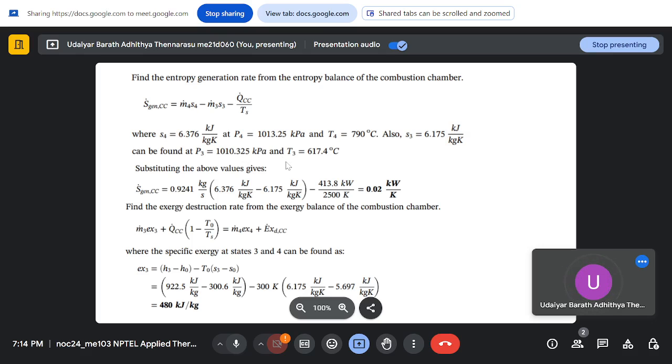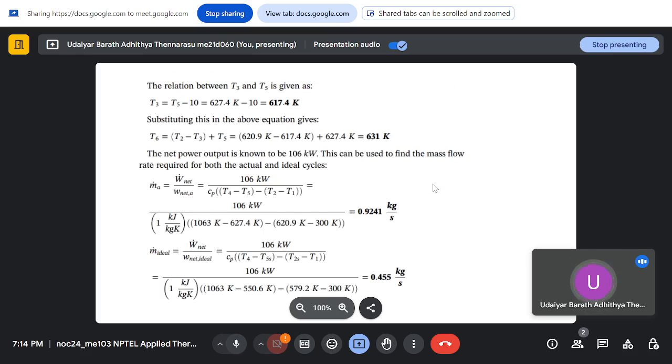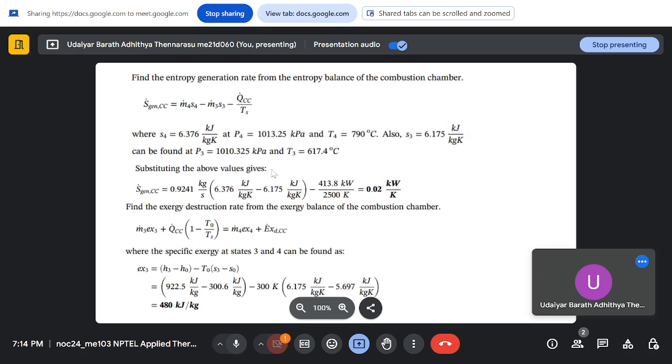P3 is 1013.25 kilopascal and T3 is 617.4 degrees Celsius. So corresponding to this pressure and temperature, your entropy is 6.175.